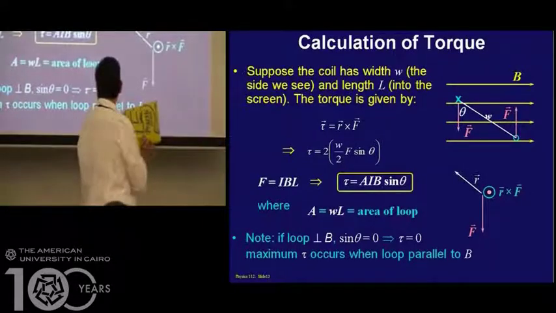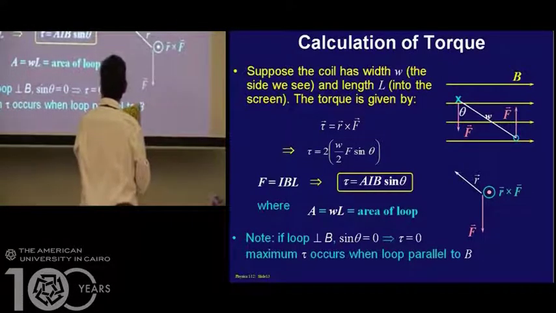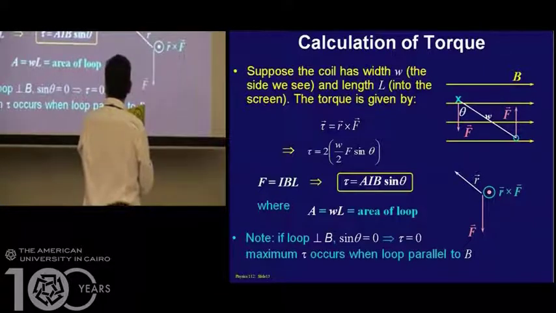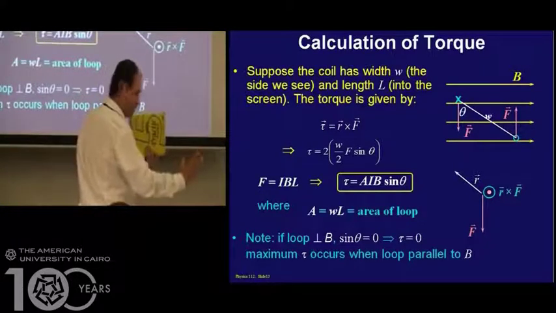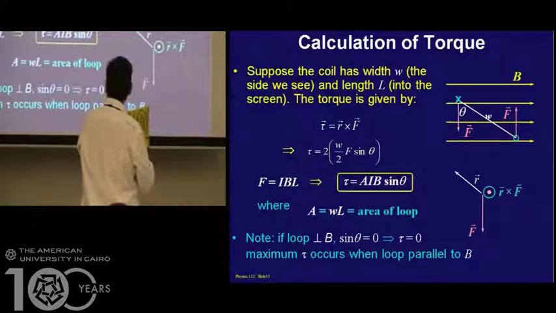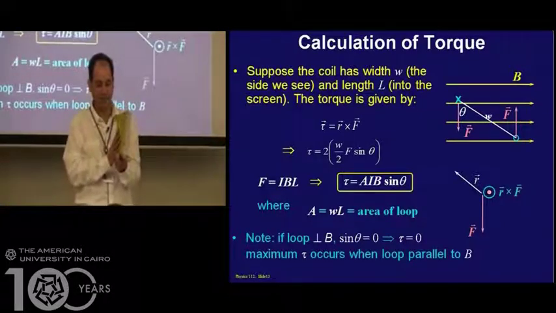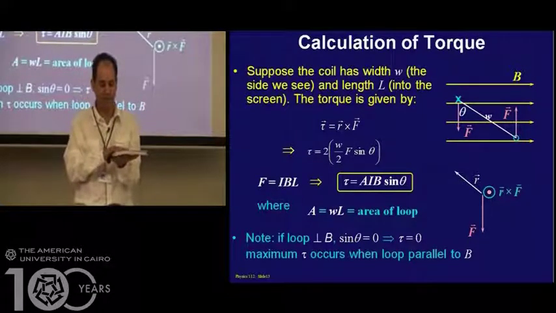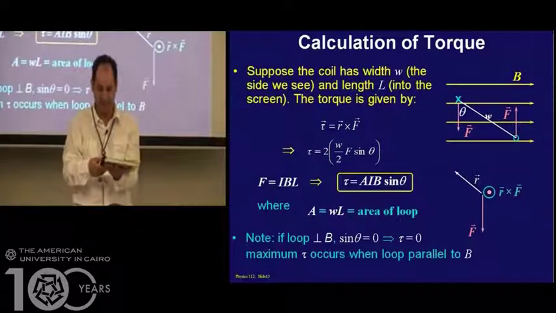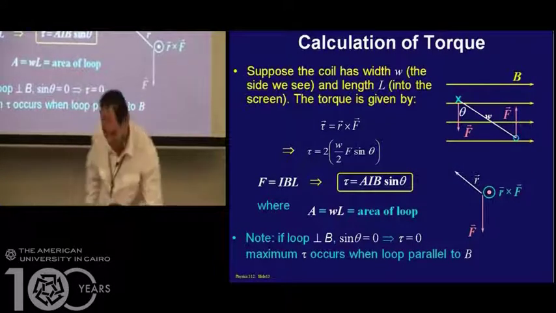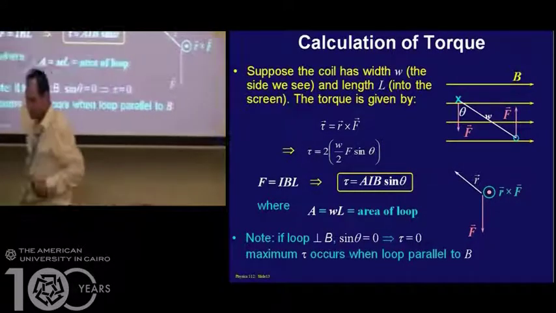If the loop is perpendicular to B, sine theta equals, you're right, sine 0 is 0, then the torque is 0. So perpendicular to the loop: magnetic field, loop. That's confusing. Okay, I'll stop it and start this again.